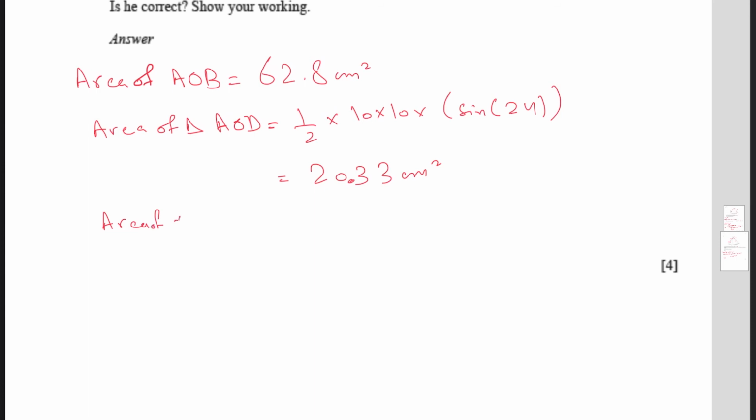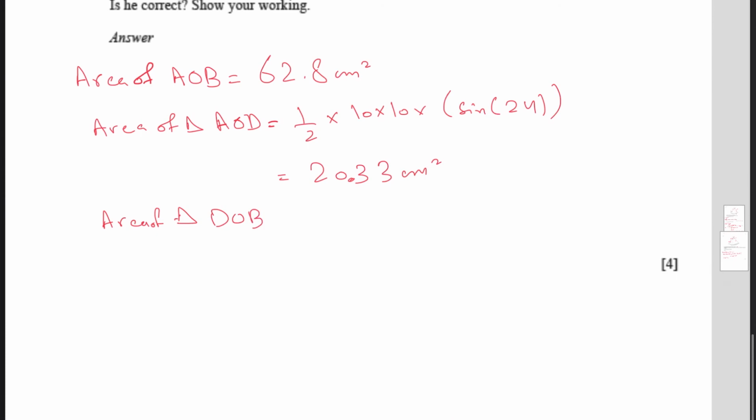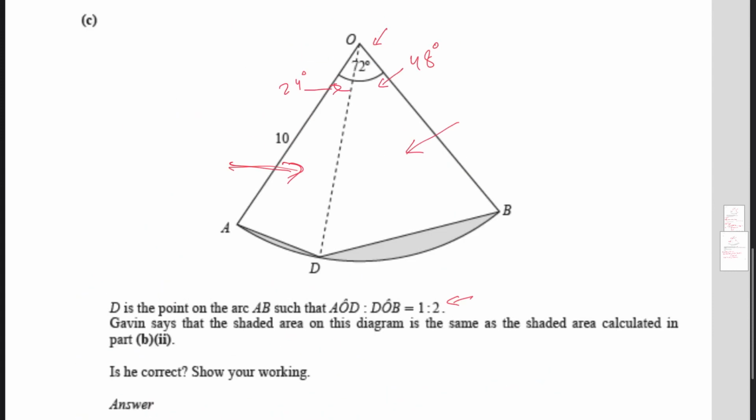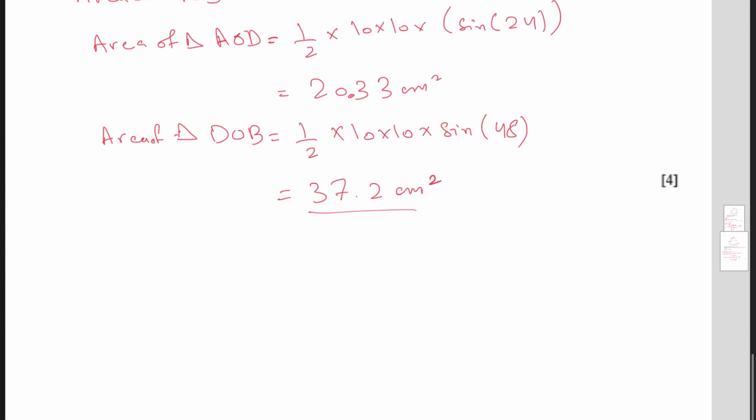Area of triangle, what's the other triangle? DOB. So we do half times 10 times 10 times sine, and what's the angle? 48 degrees. So we write 48 over here, and let's plug this into the calculator. We do 0.5 times 10 times 10 times sine 48, and we end up with 37.2 centimeters squared.